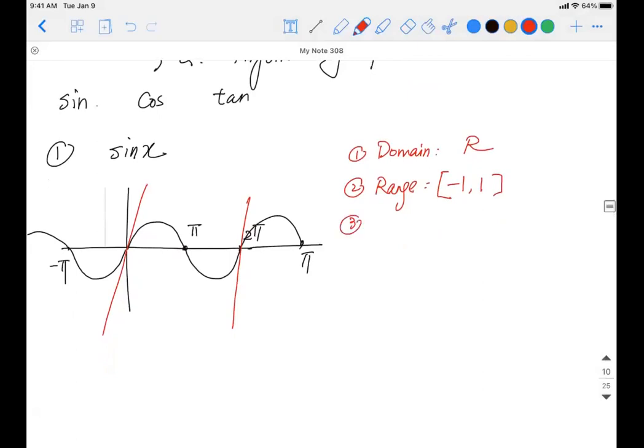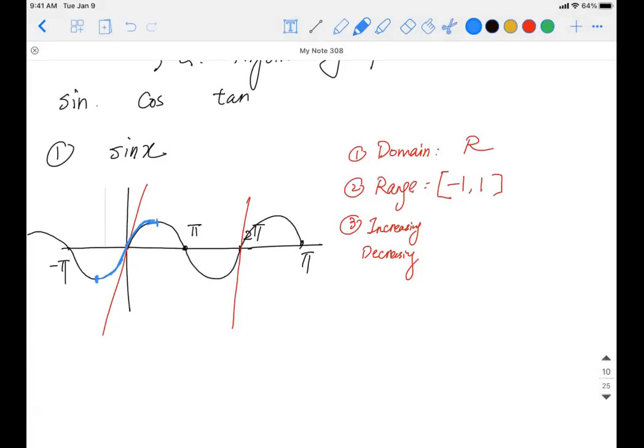Number 3, let's talk about increasing or decreasing. Sine x sometimes is increasing, sometimes is decreasing. So for instance, we want to cut this part. In this part, sine x is an increasing function.